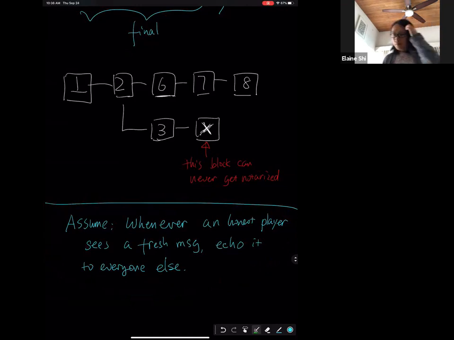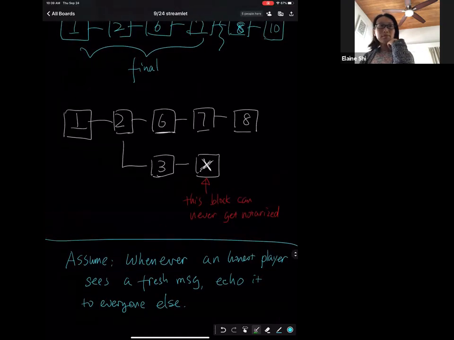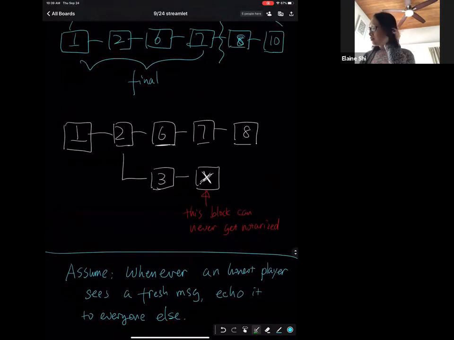Sorry, I still have a question for the blockchain with 2 branches. Is this like a local version of someone's, in some party's local version, this is the notarized chain I've seen?